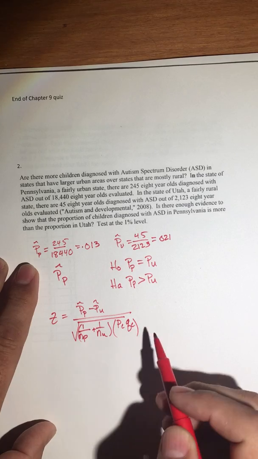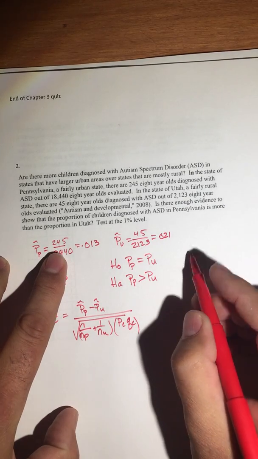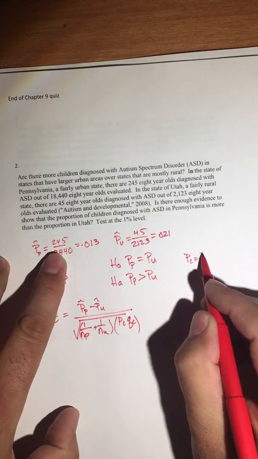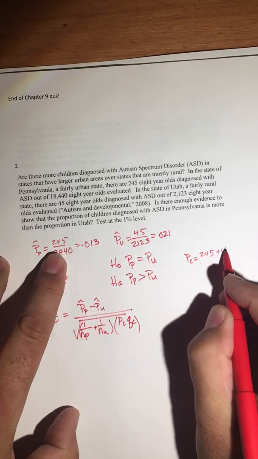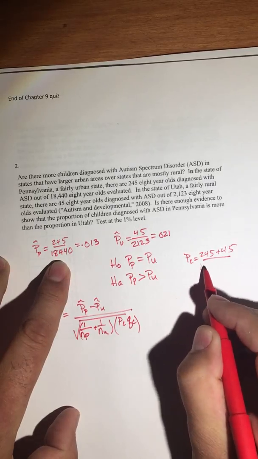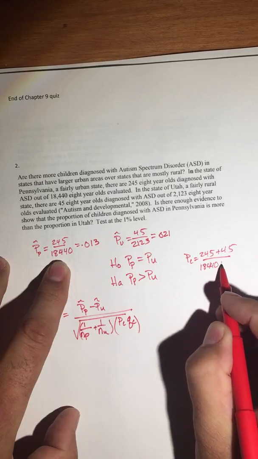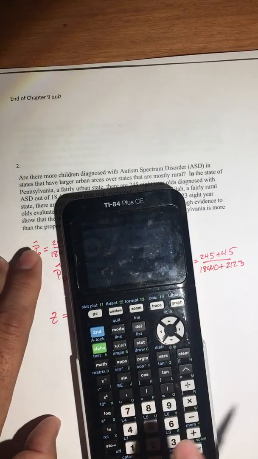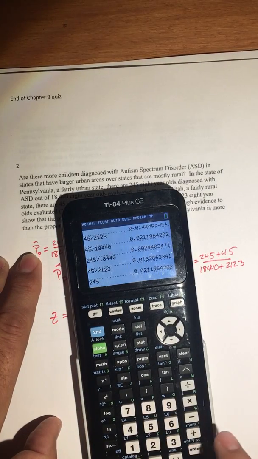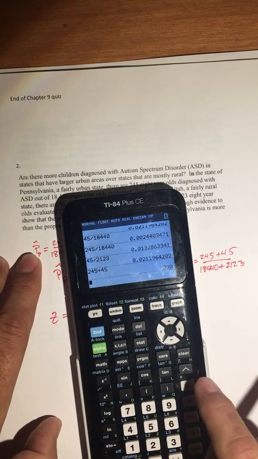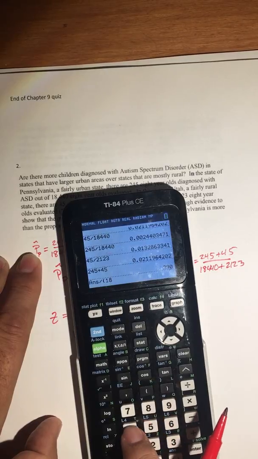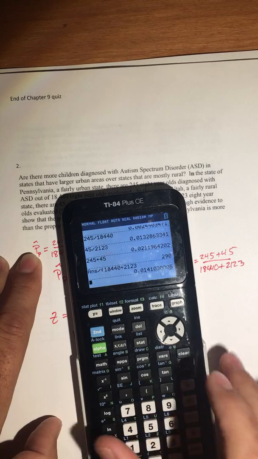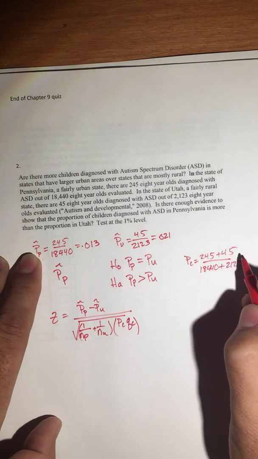I just call it the combined proportions. So p combined is 245 plus 45 out of 18,440 plus 2,123. 245 plus 45 divided by 18,440 plus 2,123 is 0.014.